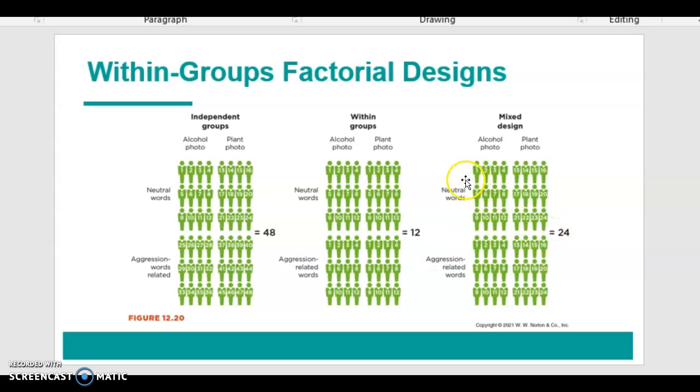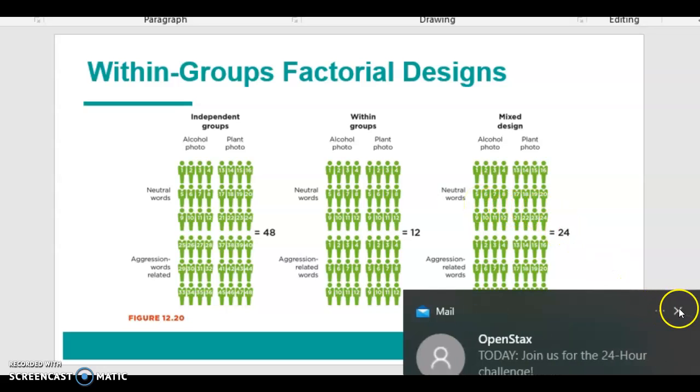Mixed design is where we manipulate one independent variable and we simply measure another. And so this is a mixed methods design. If we are manipulating neutral words and aggressive words, we only need 24 participants. So 12 right here are in the neutral words and alcohol photo.